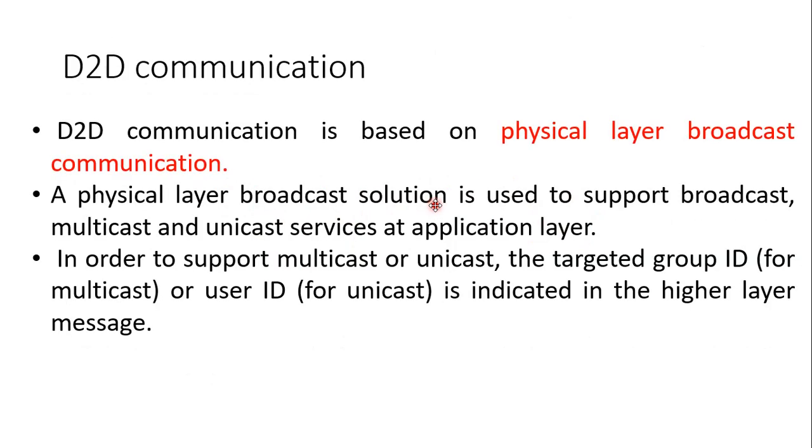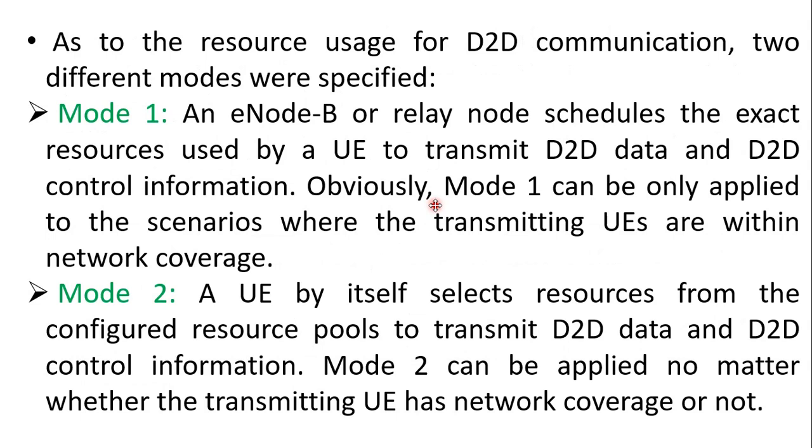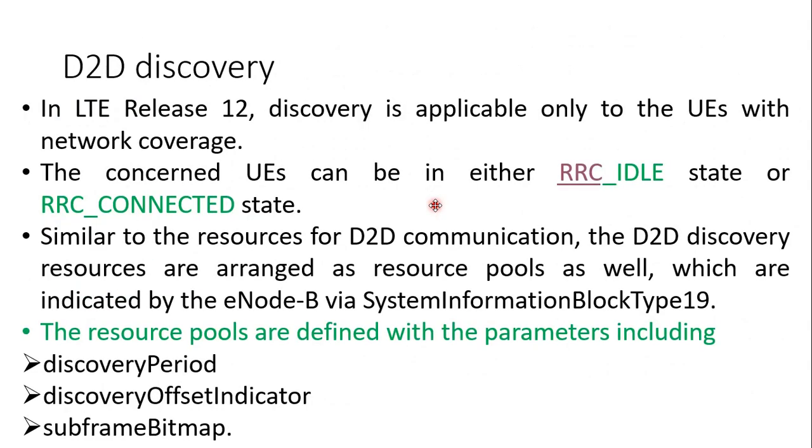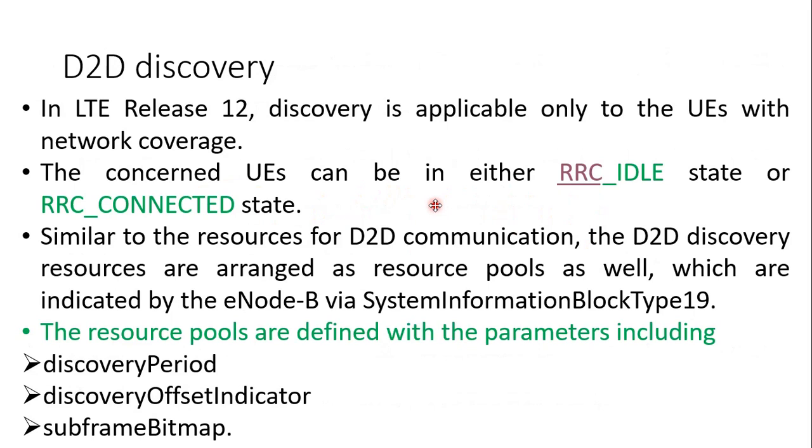Next is D2D communication, how physical layer broadcast communication occurs between devices, then the modes, and the last topic is D2D discovery. This entire procedure is required for standardization, synchronization, connection and discovery. So these four procedures are involved in device to device communication.